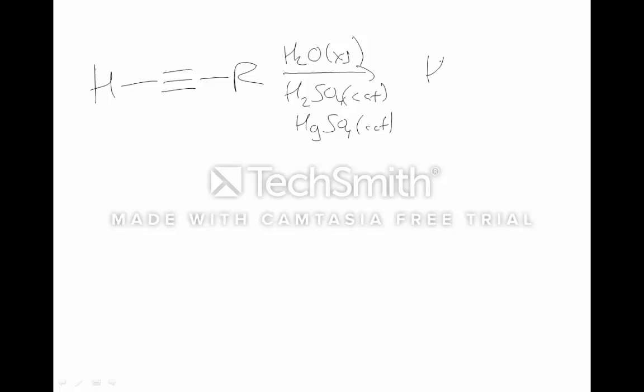And what can you get? Here you can get a methyl ketone. Same idea, H2O is added across the triple bond, so you get a methyl ketone.